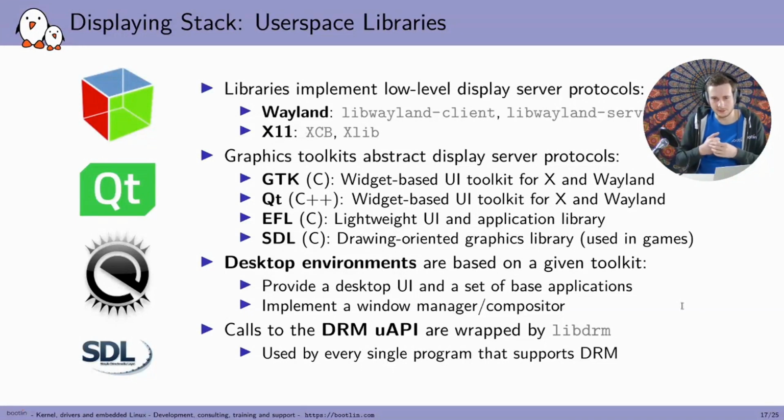Then we have the concept of desktop environment that will use one of the graphics toolkits to provide a desktop user interface as well as a number of base applications that give a coherent look and feel to the experience. And finally, another important library in Userspace is Libdrm, which is basically a thin wrapper around the DRM Userspace API. This is what will wrap the calls to the actual kernel drivers.